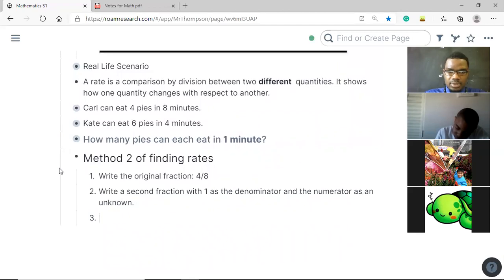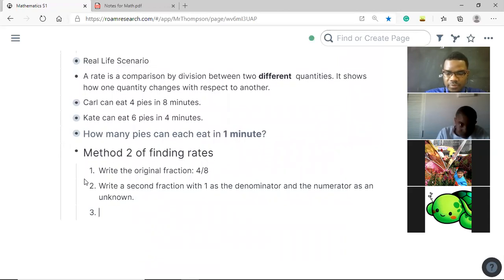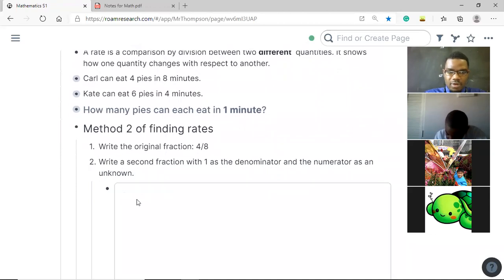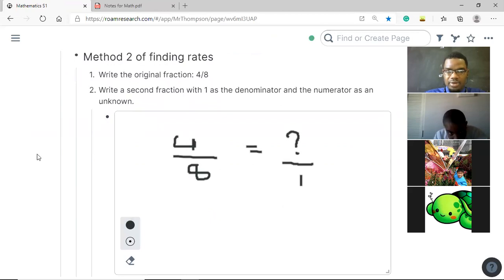So let me just explain what we have so far. We have 4 divided by 8 is equal to unknown divided by 1. That's what you should have right there, okay?